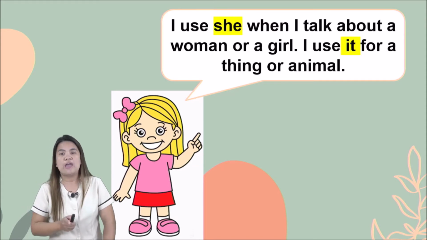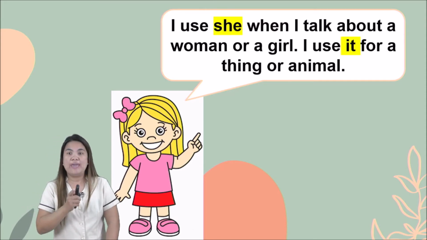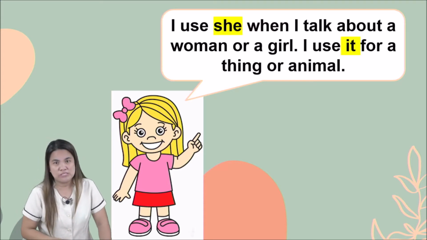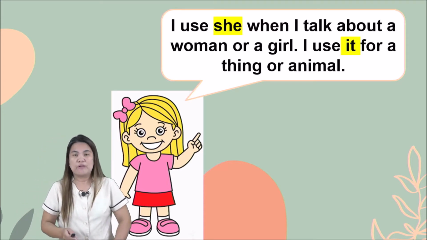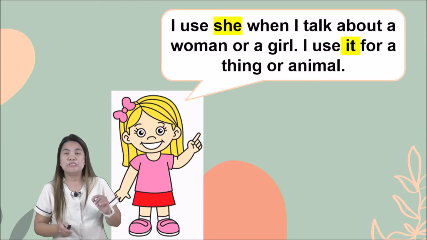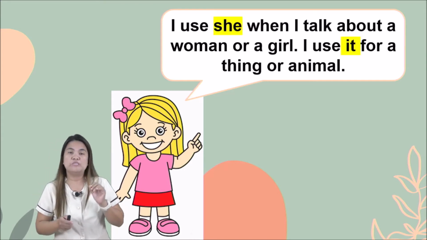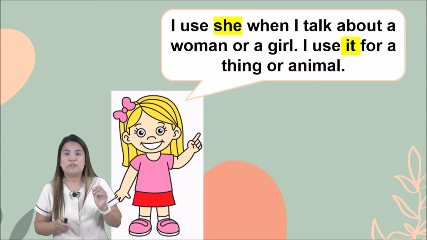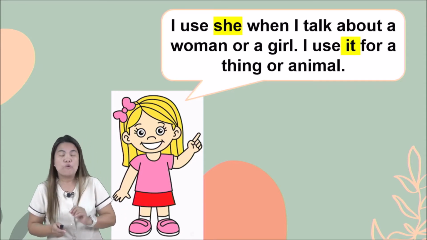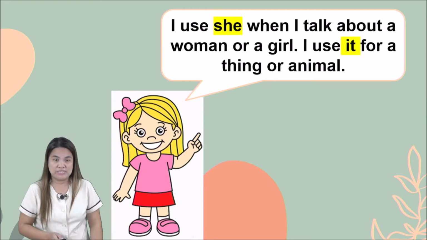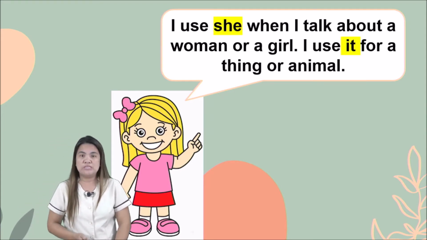Again, I use it, I-T, for things or animals only. Okay? Remember, we will use he for the man or male. Next, we use she for the woman or a girl. We use it for things or animals. Remember that.